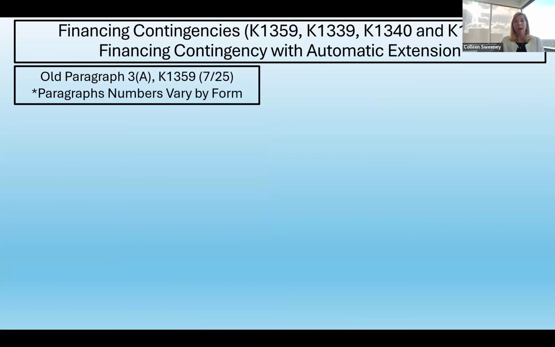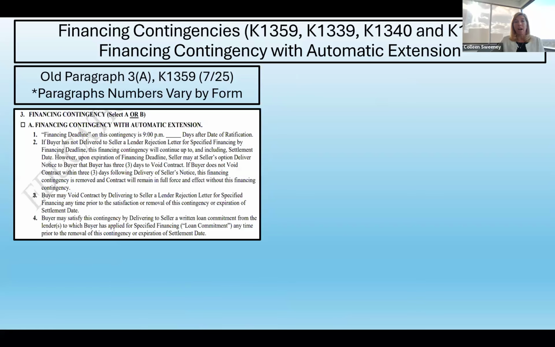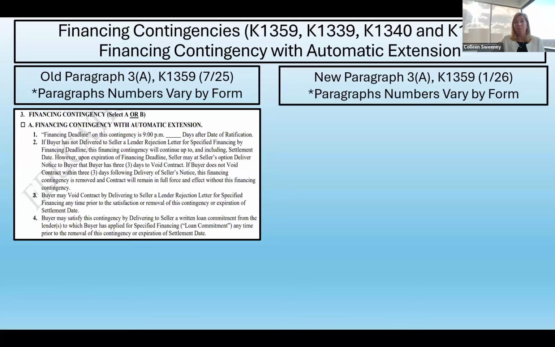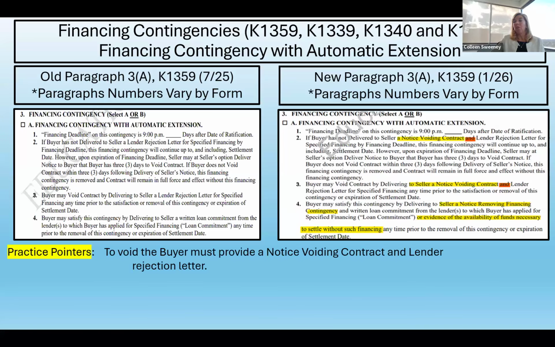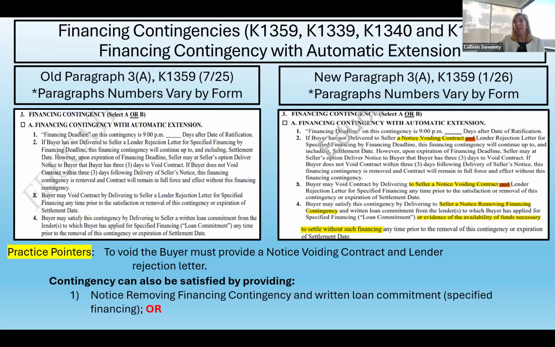All right, so next paragraph is the financing contingency with automatic extension. We're going to see again what is required, that notice voiding contract and the lender rejection letter. And you're going to see that consistent throughout. I've highlighted all of the changes just so you can see them, but it is consistent with what I'm telling you. So again, to void, the buyer must provide a notice voiding the contract and the lender rejection letter.